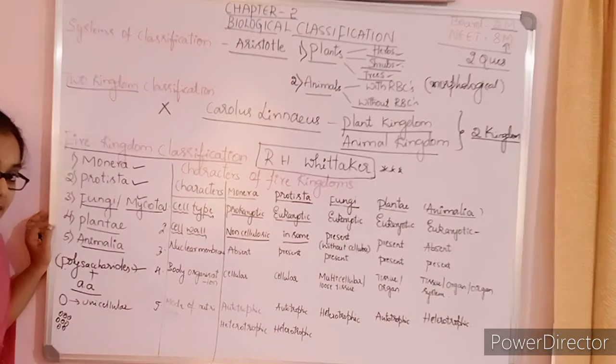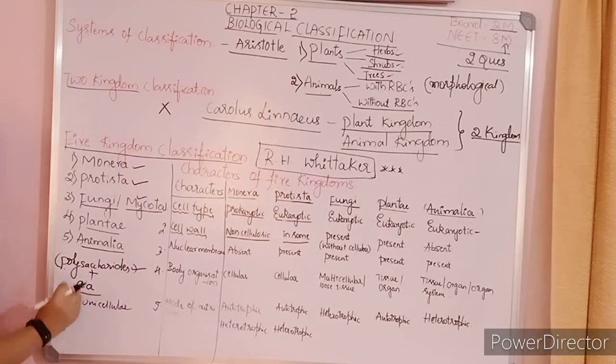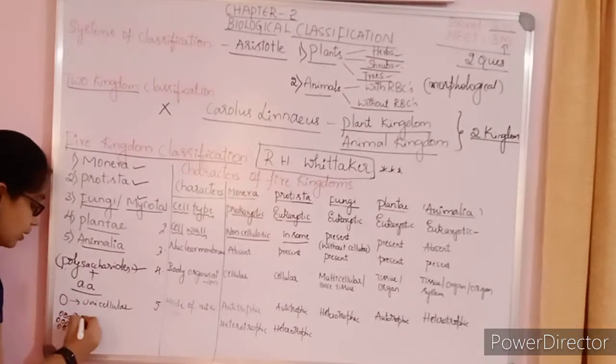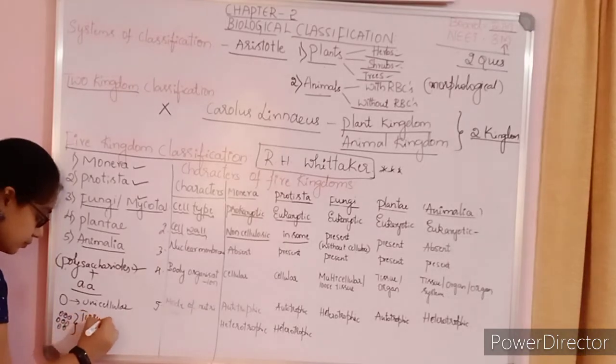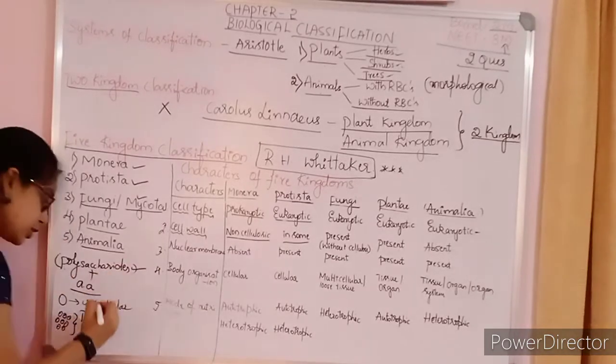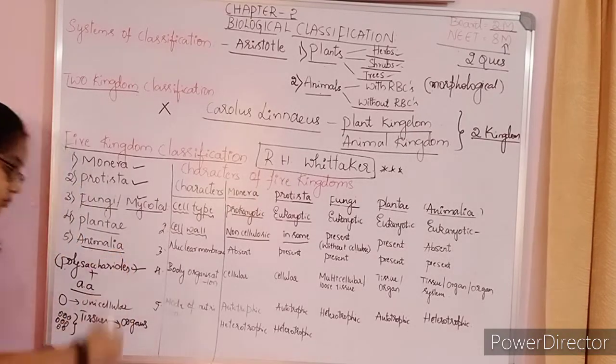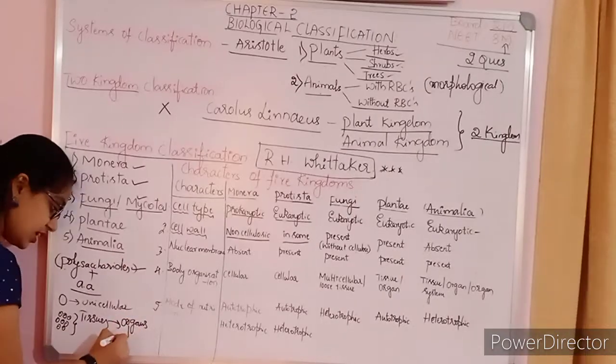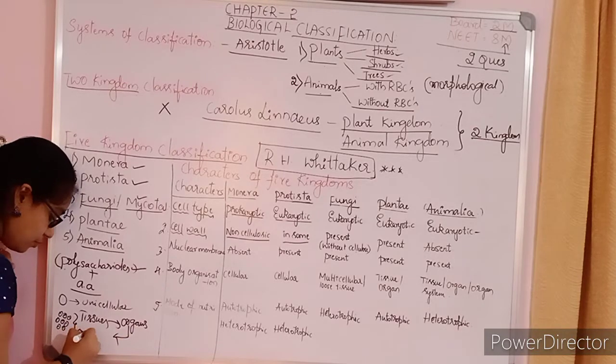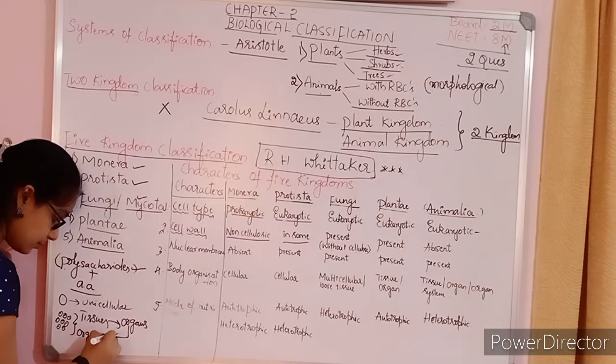In multicellular organisms, a group of cells forms tissues, tissues together form organs, and different organs form an organ system.